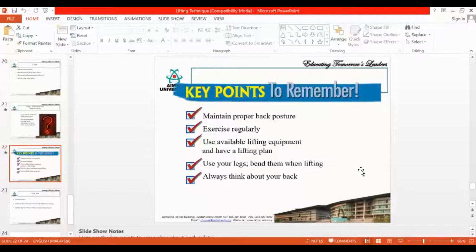The patient is coming to you with low back pain. Then teach the person how to lift the weight properly.